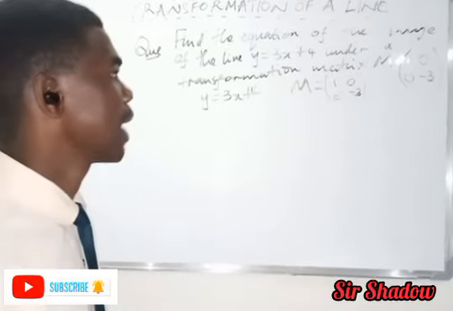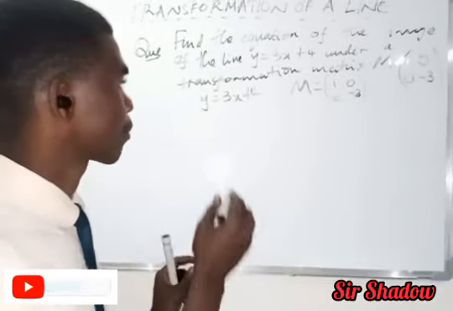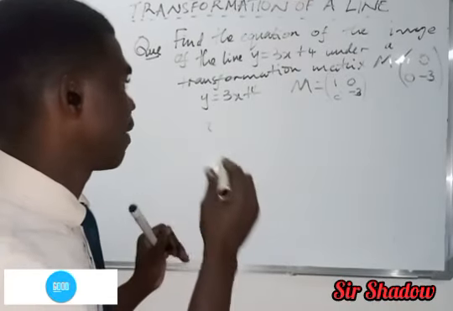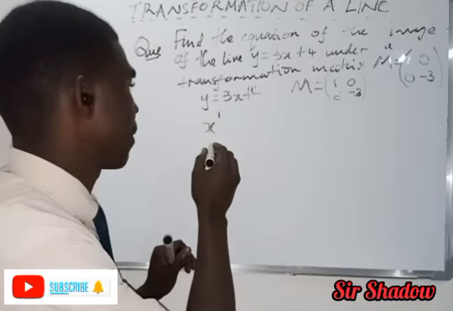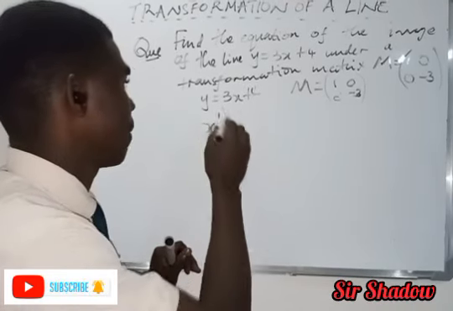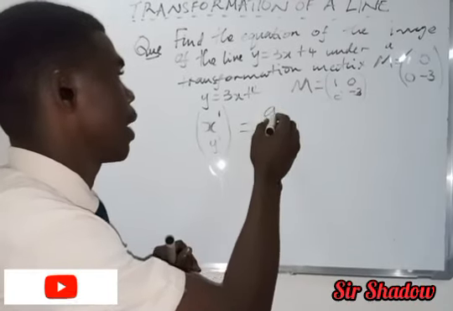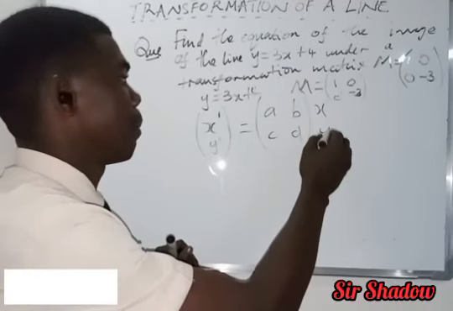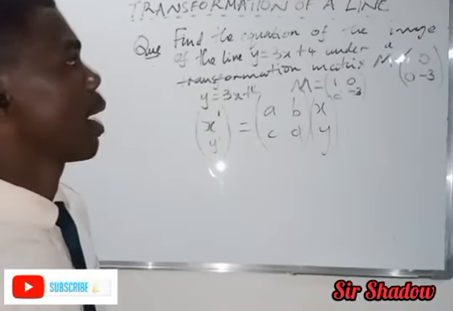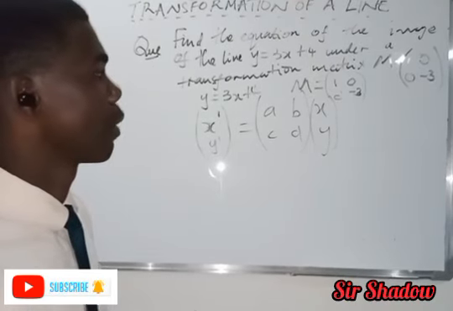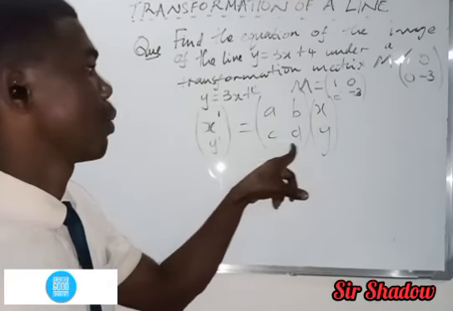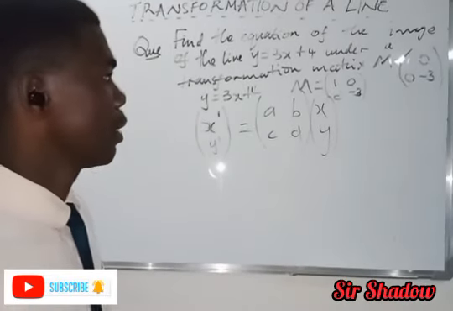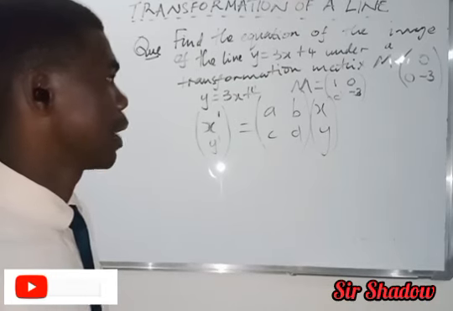We already talked about the general way of finding the image. You already saw from the previous episode, x prime y prime is equal to a b c d multiplied by the point x and y. But for now we have this matrix already, so we can substitute.